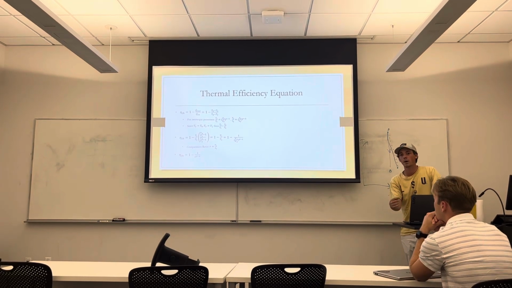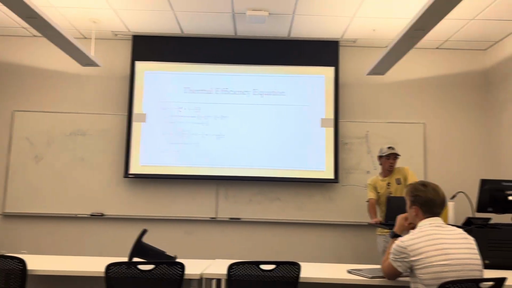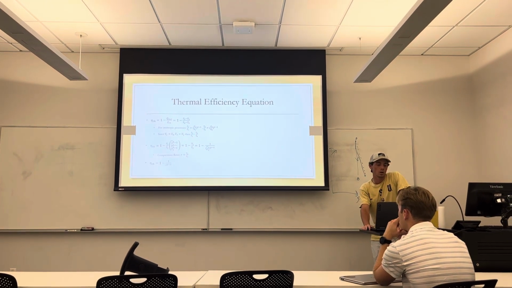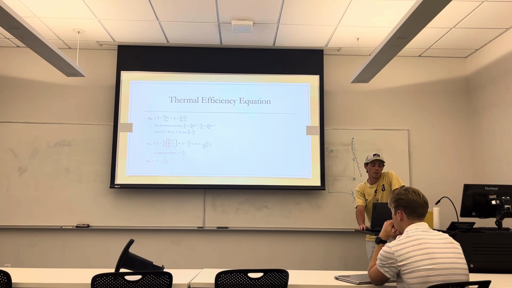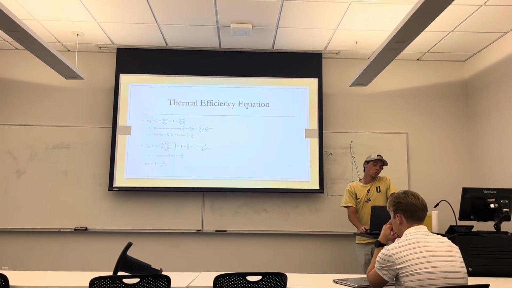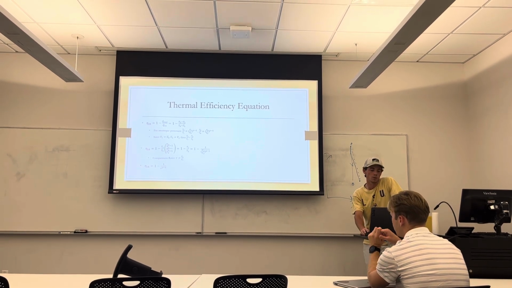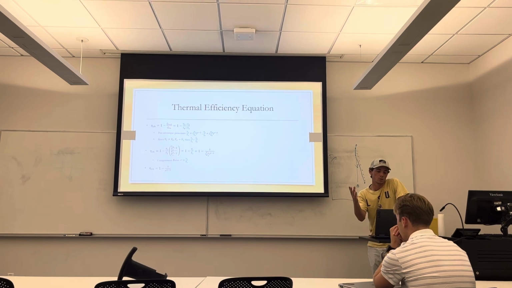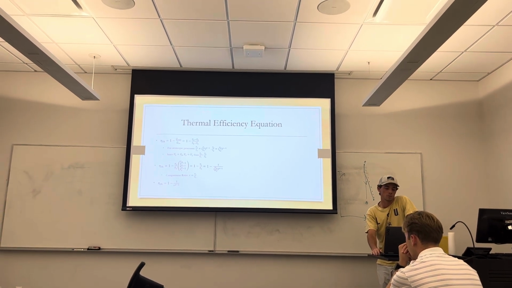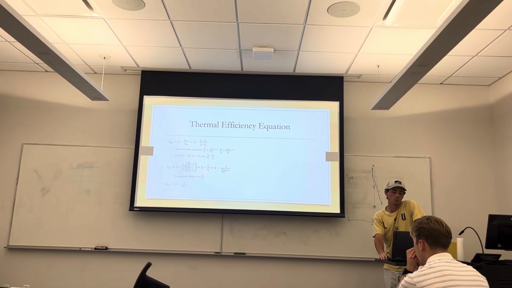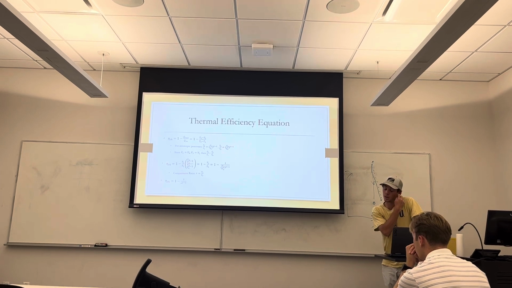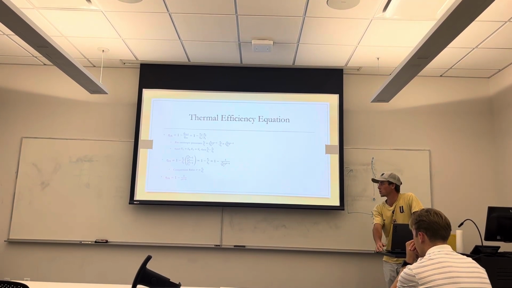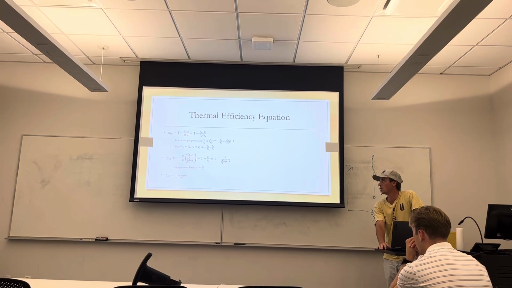Now you go back to your efficiency equation, manipulate your terms, and it eventually gets you to 1 minus 1 over your volume ratio to the power of the specific heat ratio minus 1. In combustion, you have a compression ratio, which is just your volume ratio, V1 over V2.